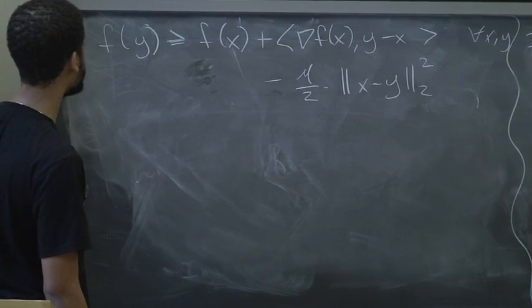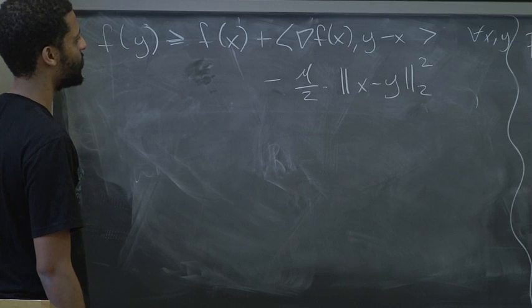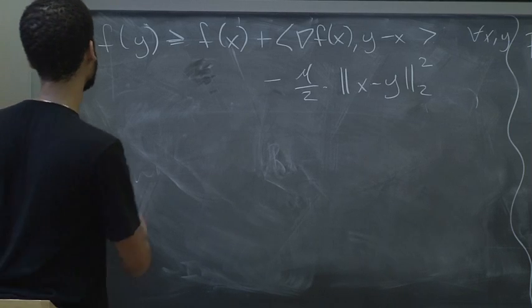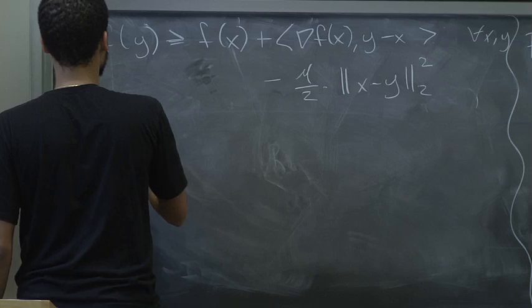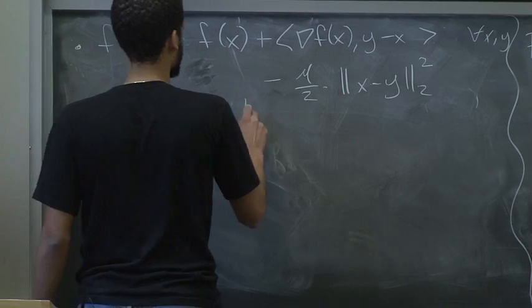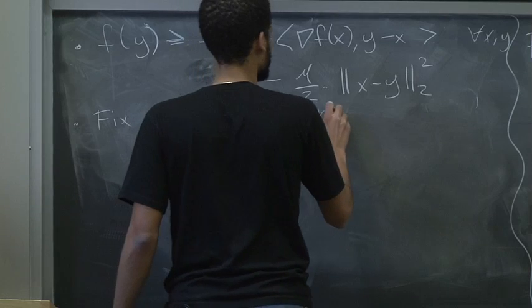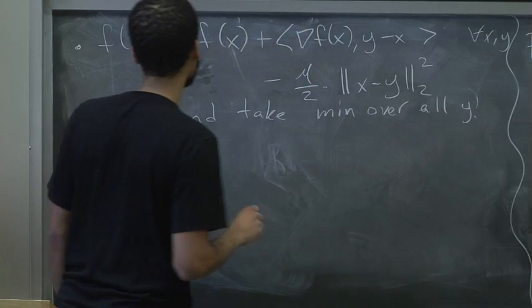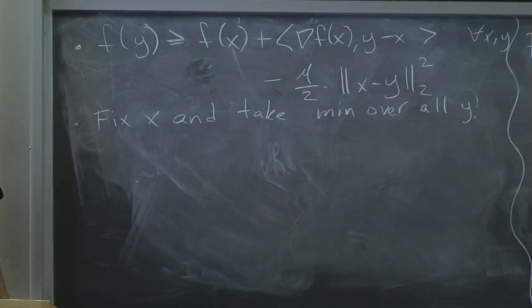So let's fix x, and let's take the minimum over all y. So what's the minimum over all y of the left-hand side? It's f of x star.